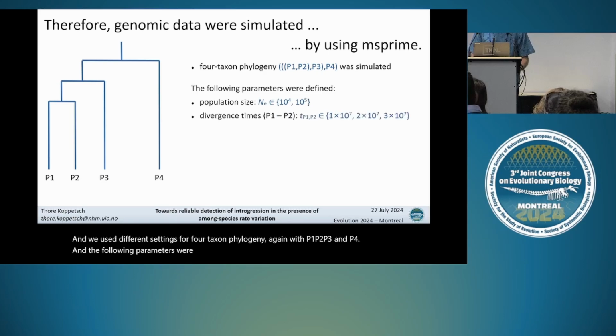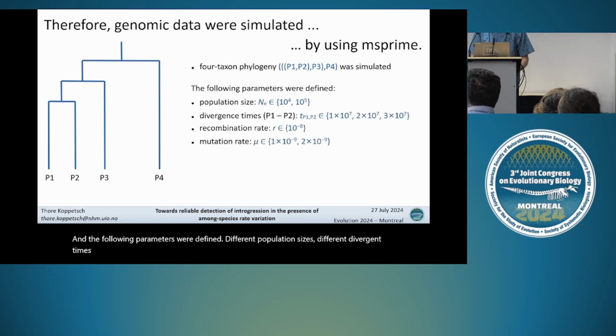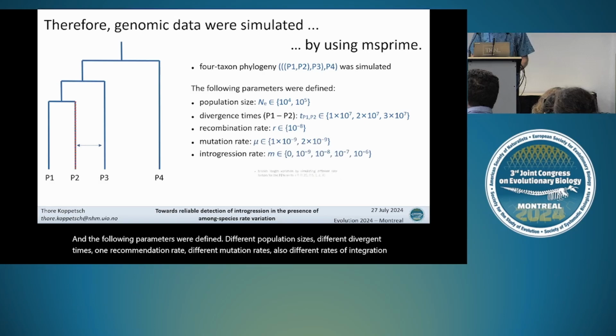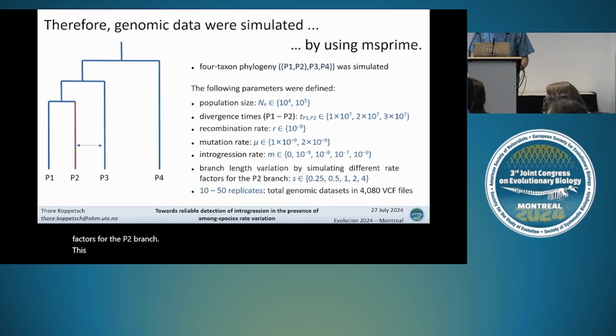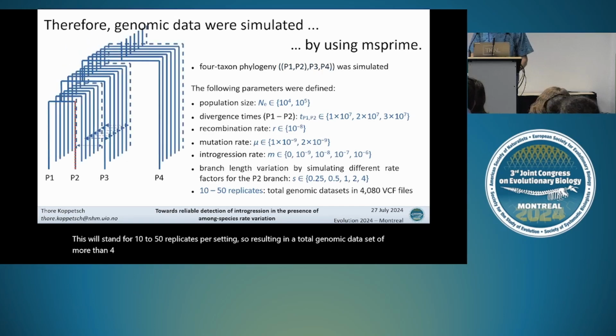Different population sizes, different divergence times, 1 recombination rate, different mutation rates, also different rates of introgression between P2 and P3, and branch length variation was introduced by simulating different rate factors for the P2 branch. This was done for 10 to 50 replicates per setting, resulting in a total genomic data set of more than 4,000 BCF files.